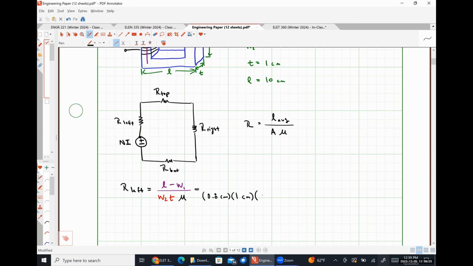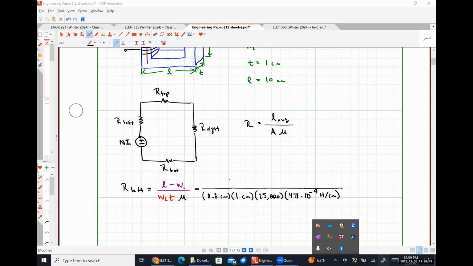And then we're going to have mu, so 25,000 times 4 pi times 10 to the minus 9, not minus 19, henries per centimeter. That's my denominator.